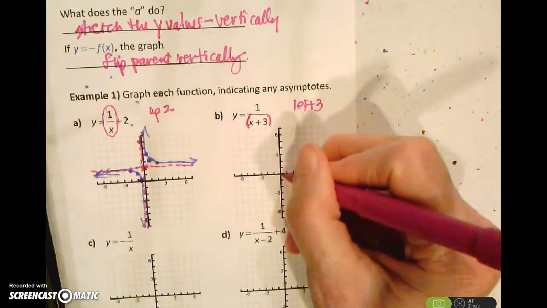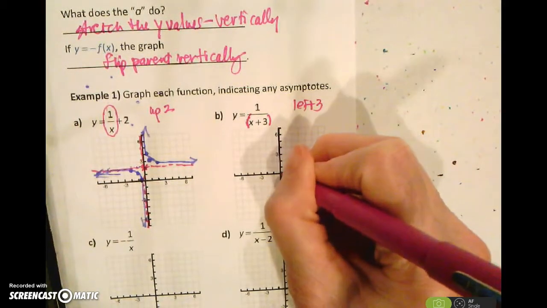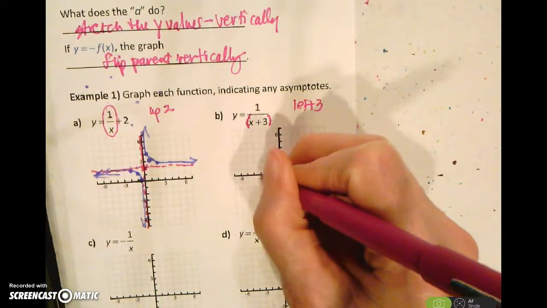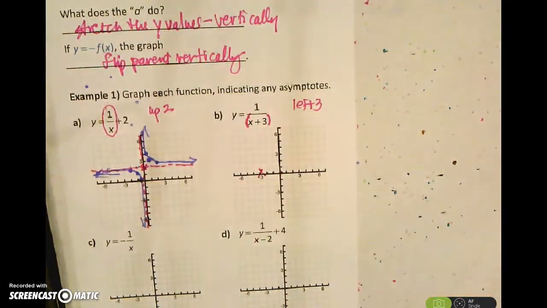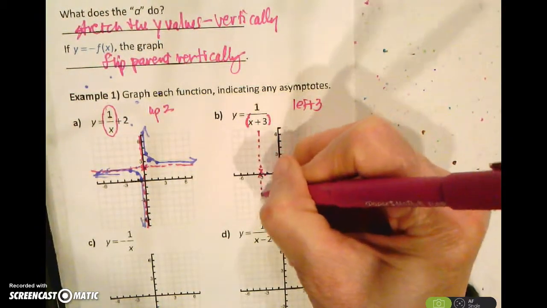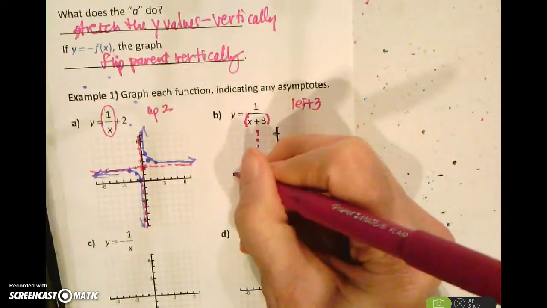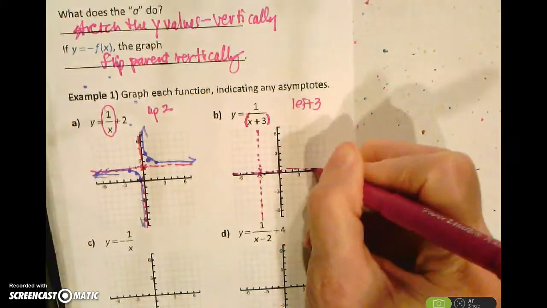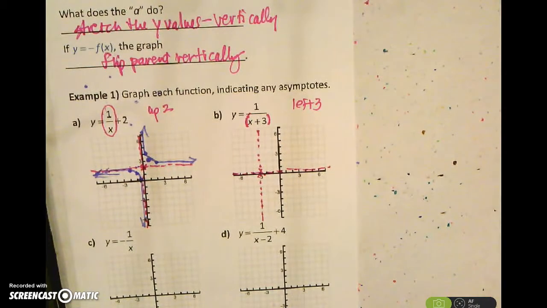So what's going left 3? My origin. So I'm going to take my origin, and I'm going to move it left 1, 2, 3, and I'm going to put an x right there. I'm going to put an x because what I want to do now is to draw my asymptotes, my vertical and my horizontal asymptotes through that.